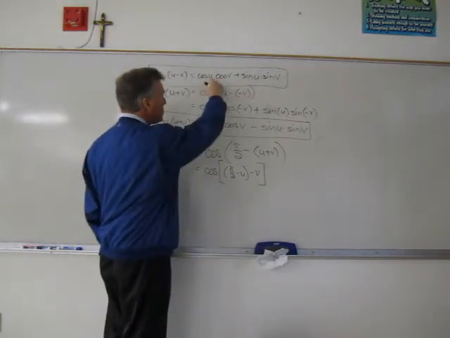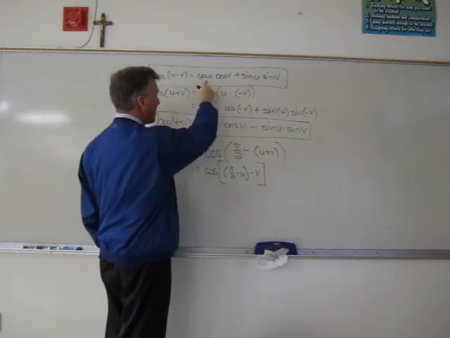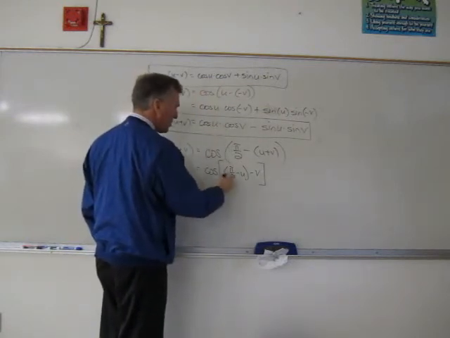And now I'm going to use the subtraction formula for cosine. This right here. So using that, here's my first angle alpha.